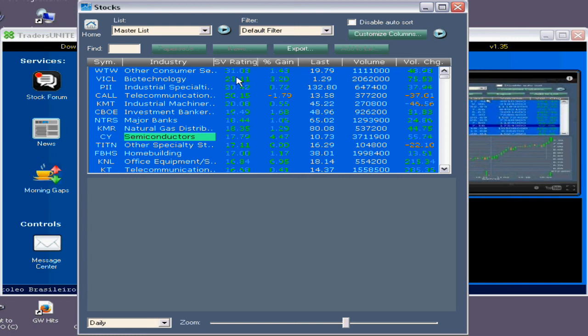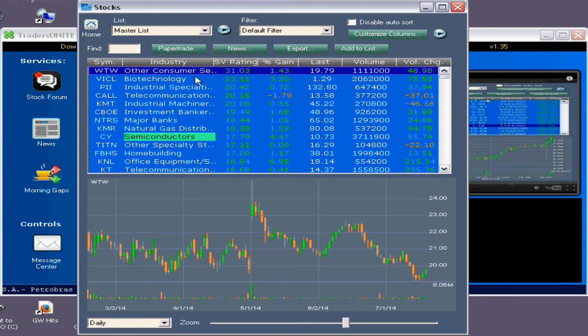Anything in the high 20s or 30s is probably a good number. The top one here happens to be plus 31. It's based on about 7 key indicators, and its most usefulness is to weed out the bad ones, in other words, to narrow the field. So the idea to use SV rating is to sort with the top rating on the top and then walk down the list and see if there's anything that jumps out.